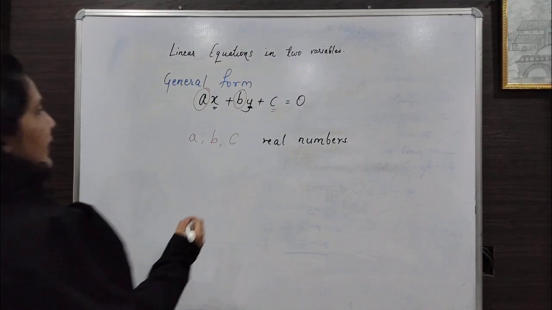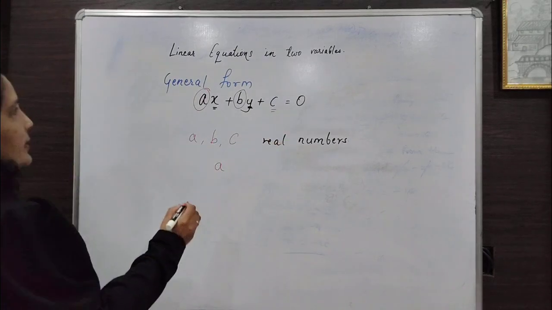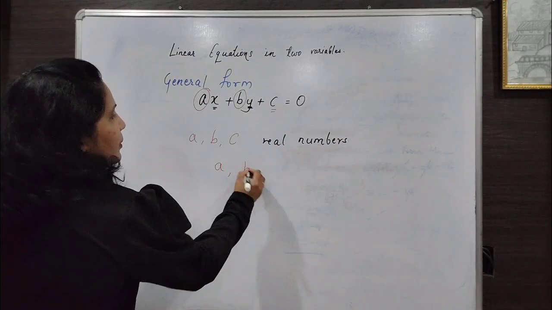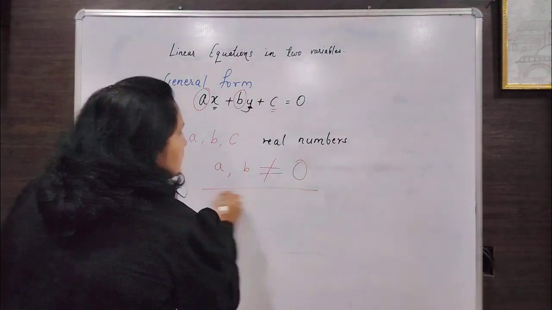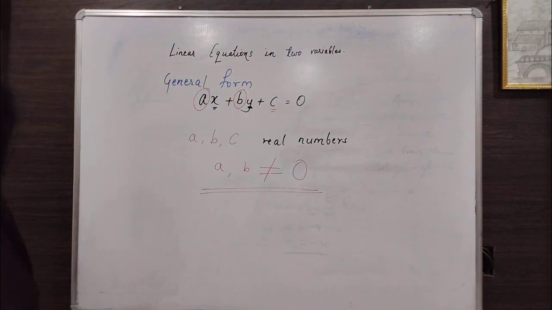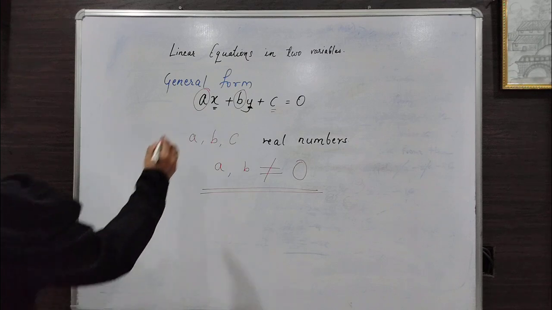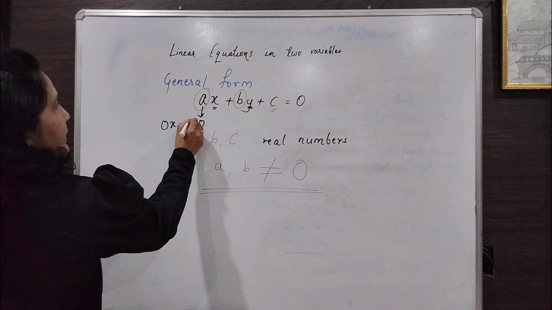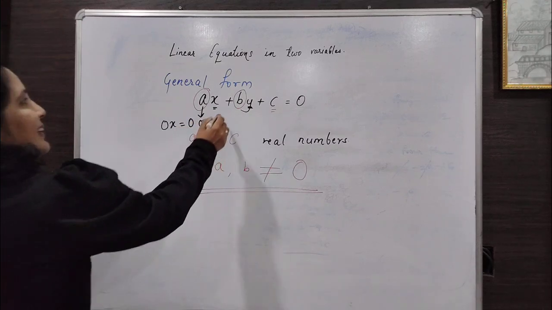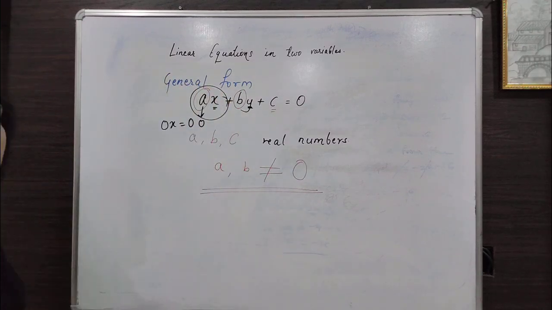Now, the condition is a and b should not be equal to 0. This is very important. Why? Because suppose a becomes 0, then 0 multiplied by x is 0, so this entire term becomes 0.